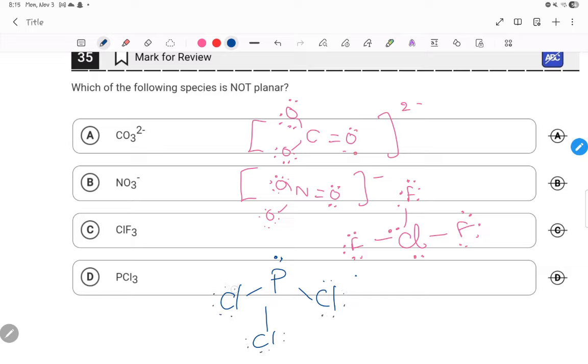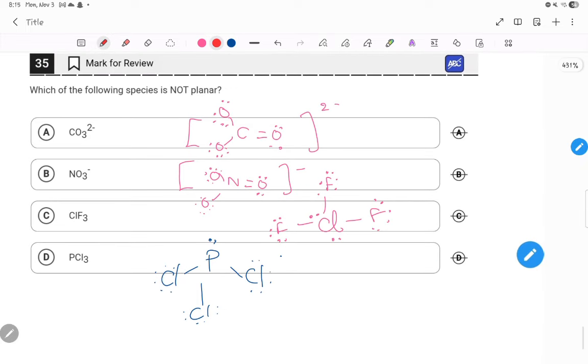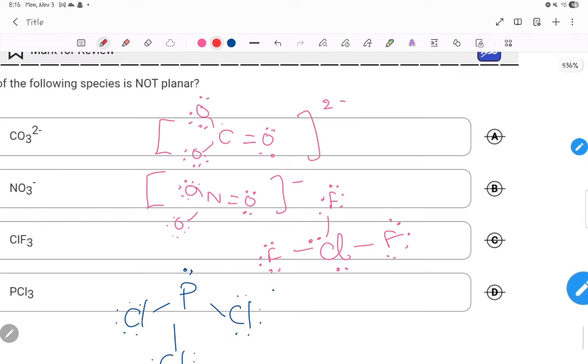What do they mean by not planar? First of all, we need to describe their structure from the central atom. This over here is AX3. This over here as well is AX3. So both of them being AX3, they are trigonal planar. From the name, it is planar. So definitely these two are out.